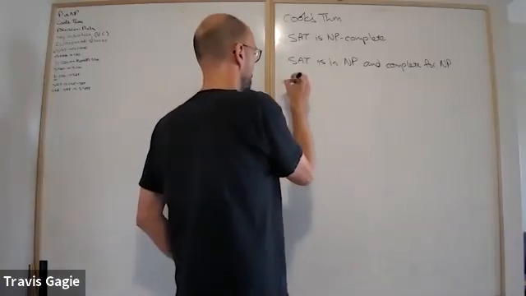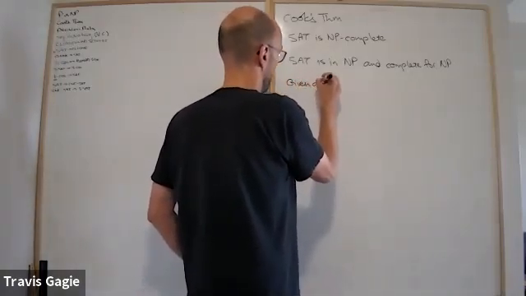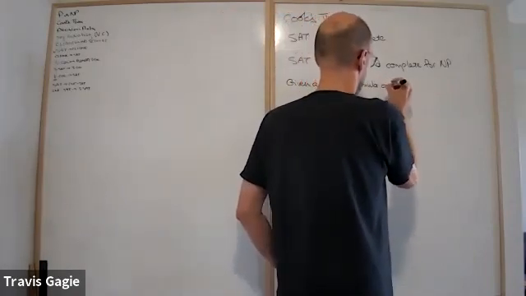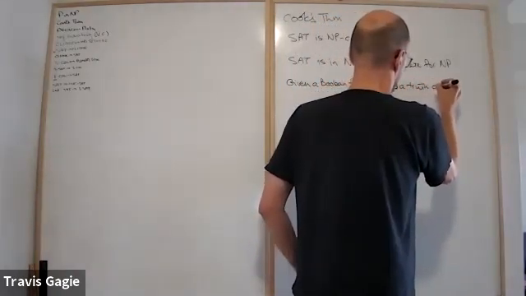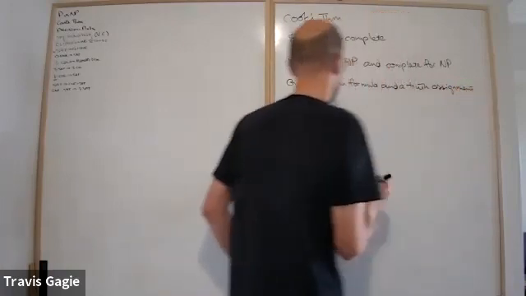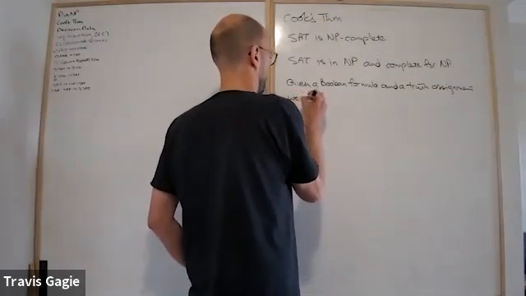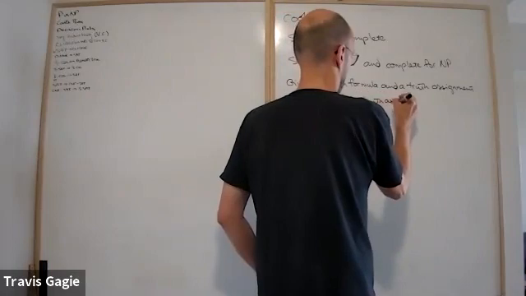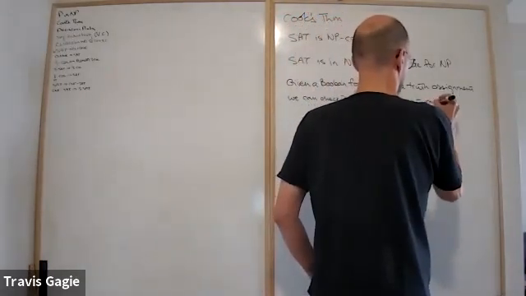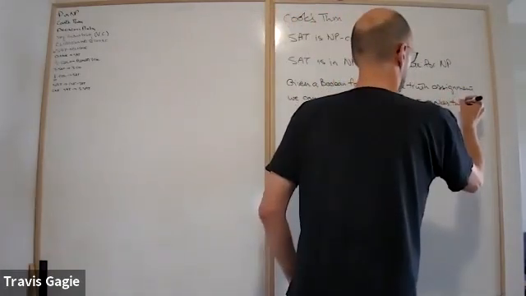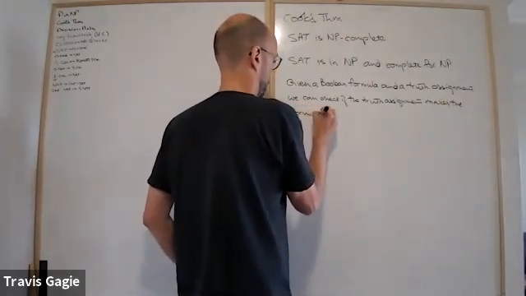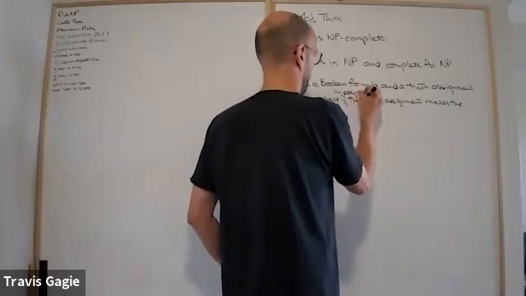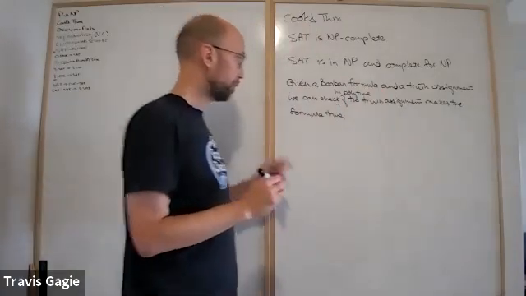So this means given a Boolean formula and a truth assignment, we can check if the truth assignment makes the formula true in polynomial time. So that means it's in NP.